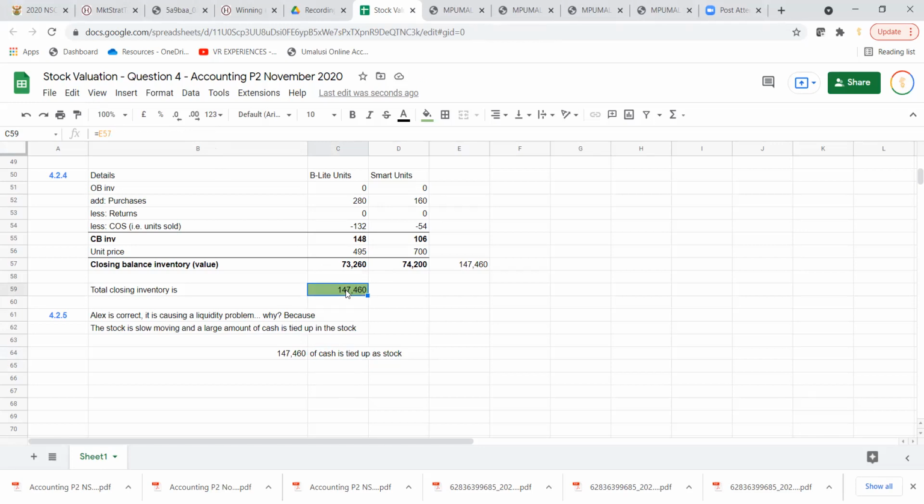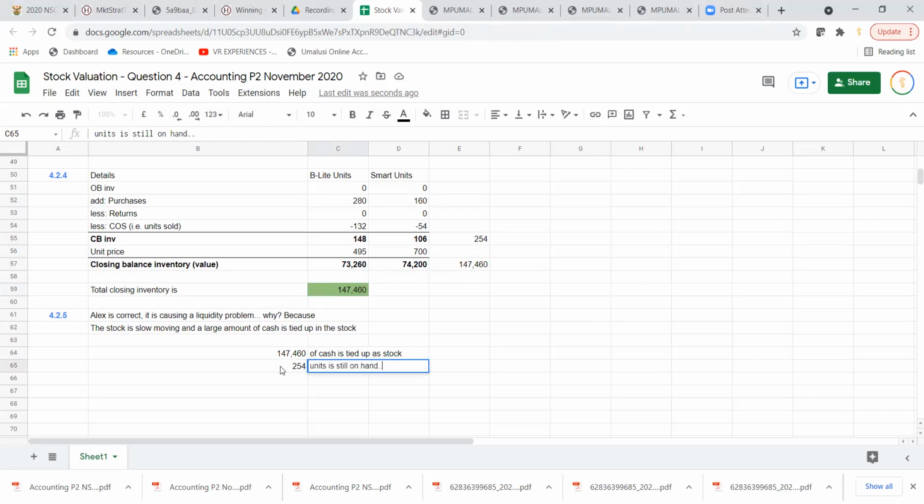Okay, and then you can also tell him that a lot of stock is still sitting on hand. So you can see here how many units are still on hand. Okay, 254 units is still on hand.